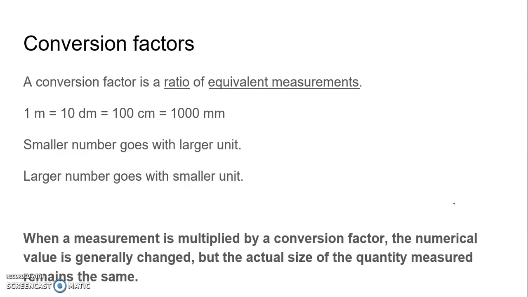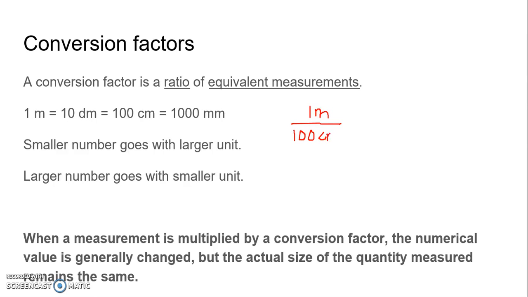Now we talk about conversion factors. A conversion factor is the ratio of equivalent measurements. So here we have equivalent measurements: 1 meter equals 10 decimeter equals 100 centimeter equals 1000 millimeters. So these are equivalent. Now, for example, I have 1 meter over, let's say, 100 centimeter. Okay, so meter is what?